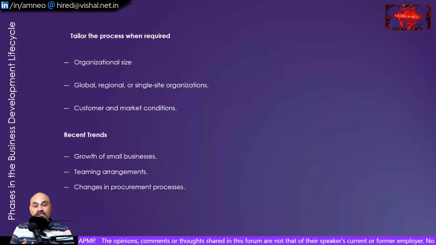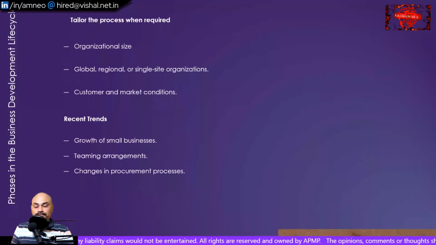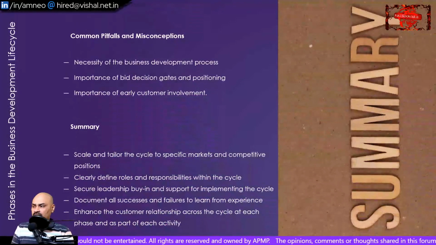They used to publish tenders and bids in the newspaper, and then people started galvanizing and bidding for that. Later on, with the advent of electronics and the computer age, emails came in, faxes came in, and now there are full-fledged websites for floating tenders and collecting information, and bidding for the tenders as well. So there has been a lot of change in procurement processes. So these are the recent trends.